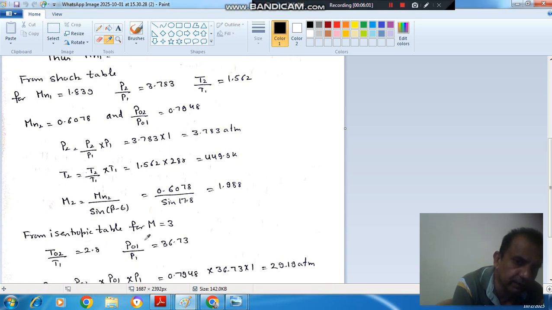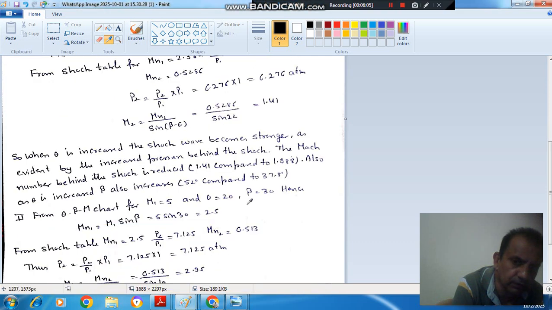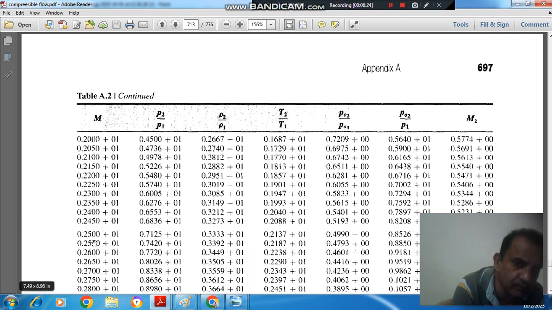So beta is 30 degree. Now we can calculate again in the same way Mn1, that is M1 sin beta, so that is 5 sin 30, that is 2.5. Now we see the shock table corresponding to 2.5.